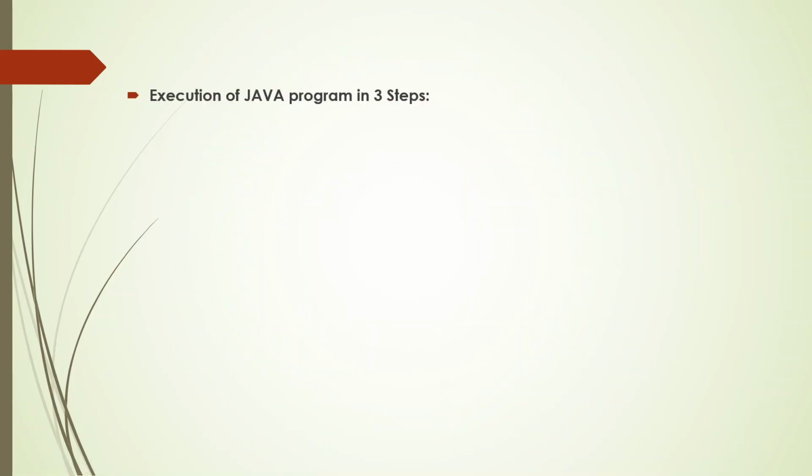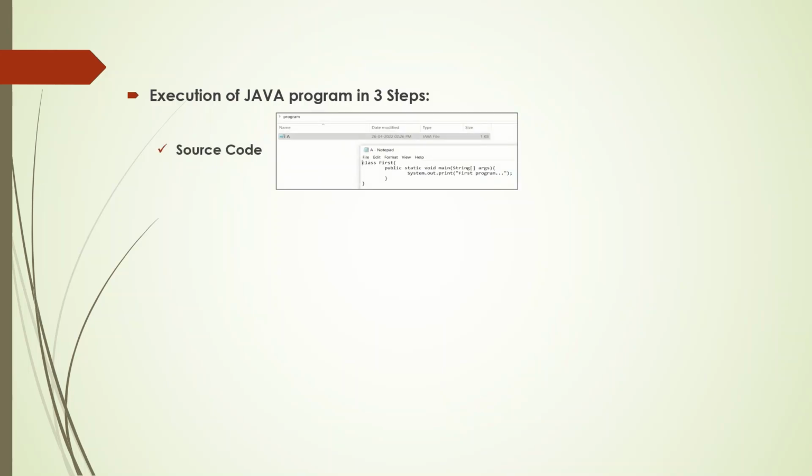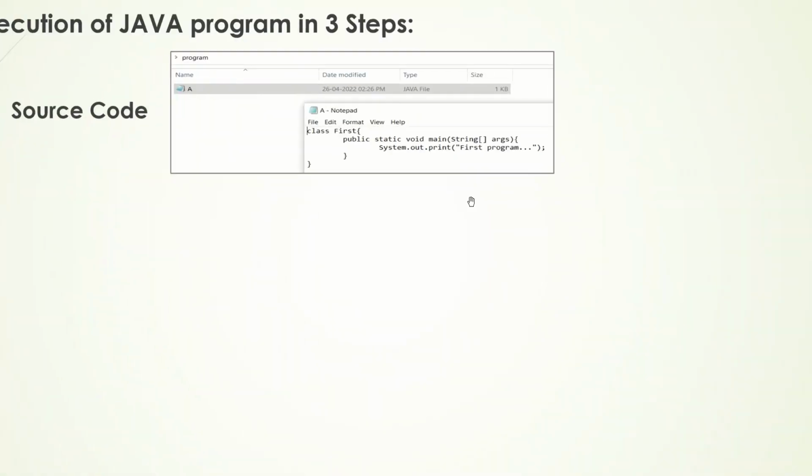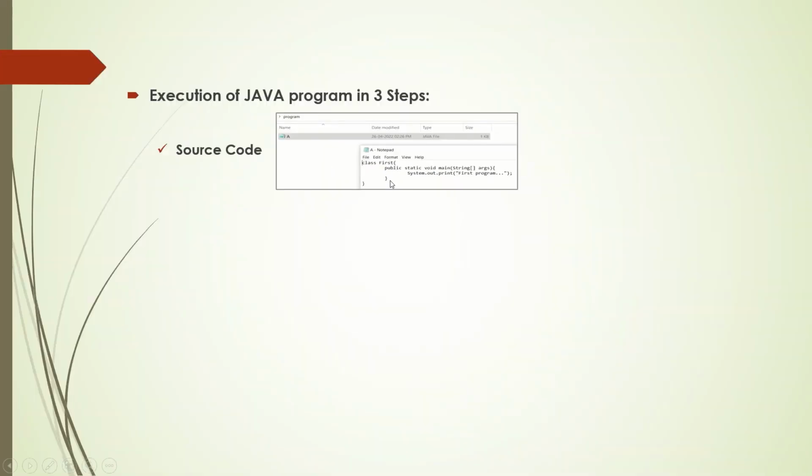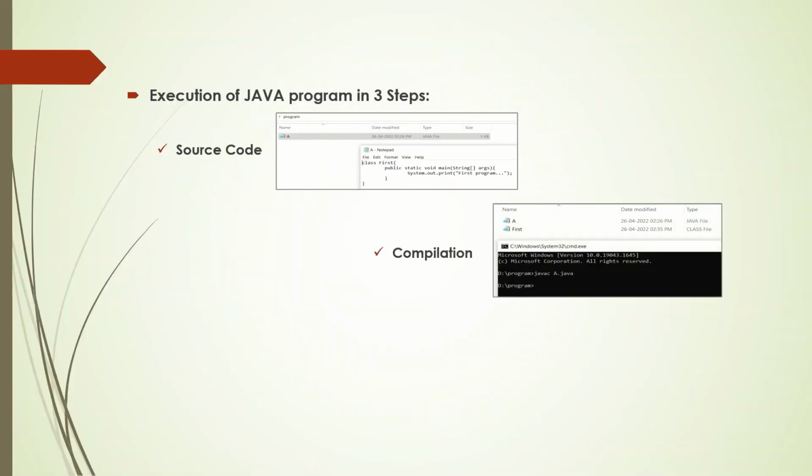So let's understand the execution of a Java program. The first step is source code. Here we write the source code and save the file with extension .java. Here you can see A is the file name and first is the class name. The second step is compilation. As we know, Java is a compiled as well as interpreted language. Once we write the source code, the compiler, named javac, will compile the code and find the errors.